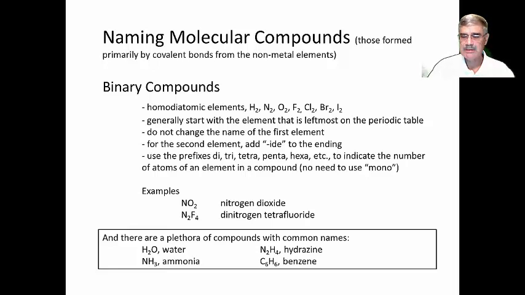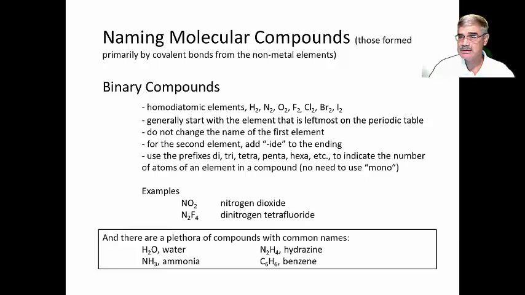For example, NO2. If the molecular formula for a compound is NO2, its name would be nitrogen dioxide. Again, we name the first element that we see as its given name, and then we use the prefixes when necessary, and we change the ending of the last element to have an IDE.